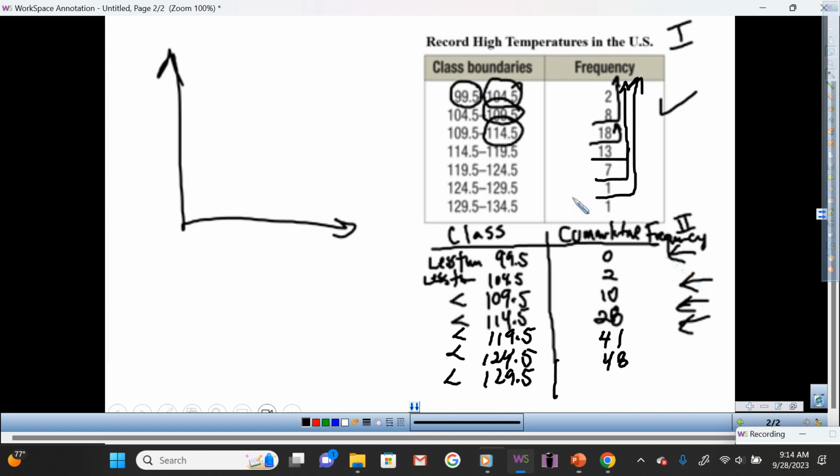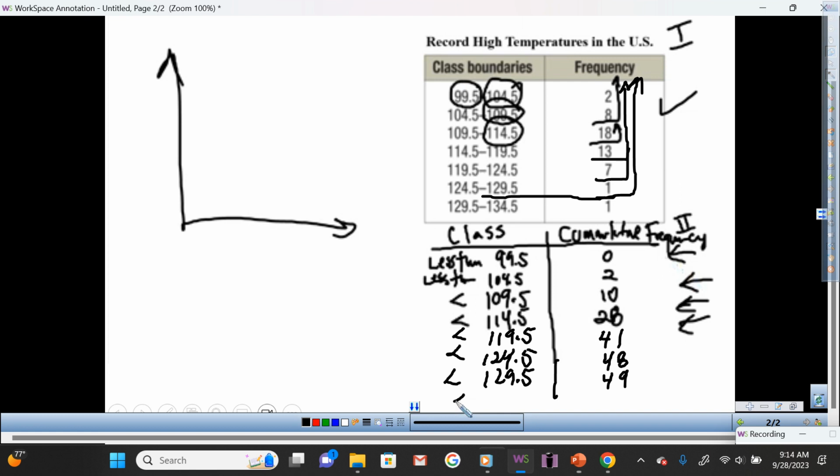So from here, 129.5 and downward, that means you need to combine all of these together. So we got 10, 28, 41, 48, and 1, that's 49.